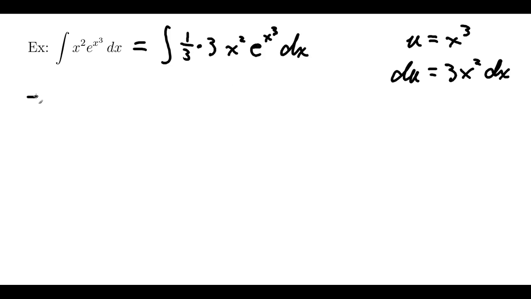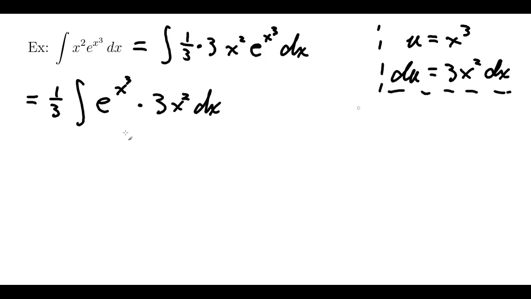Then if I rearrange things a little bit, we can pull the 1/3 out front. We have 1/3 of the integral of e to the x cubed times 3x squared dx. Go ahead and separate that here. So we have 1/3 of the integral of e to the power of, now x cubed is what we're calling u, 3x squared dx is equal to du.